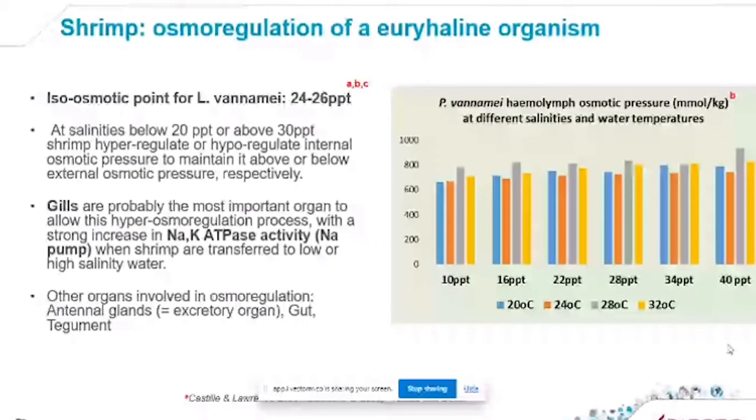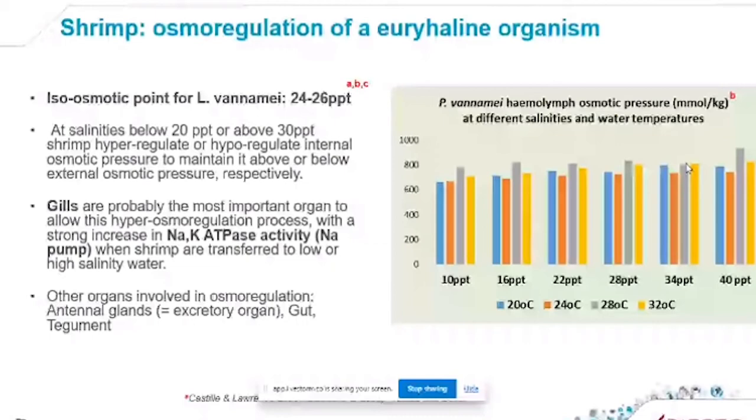You can see here at different salinities from 10 to 40 ppt, and different temperatures from 20 to 32 degrees Celsius, the shrimp were able to maintain the osmotic pressure relatively constant, staying between 650 and about 800 millimoles per kilo.